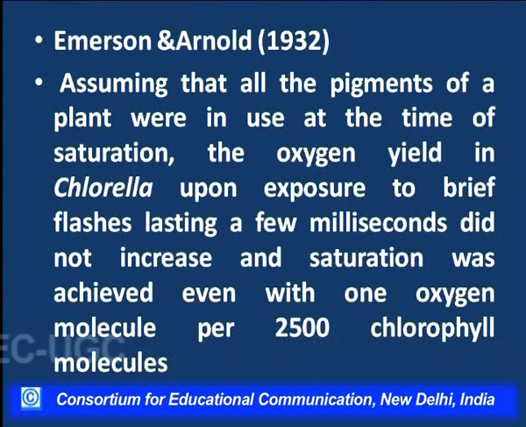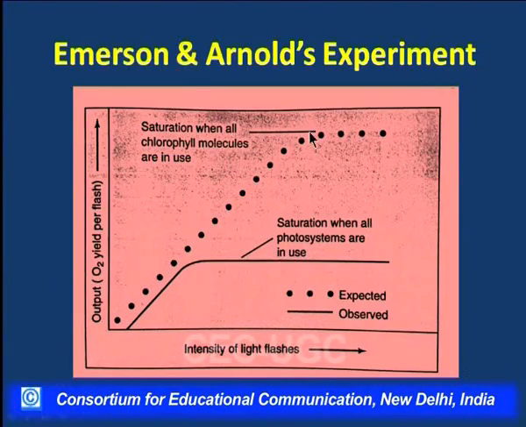They measured the quantum yield and found that after giving a flash of a few milliseconds, saturation was achieved even though 2500 chlorophyll molecules were present. This was a very unexpected result: theoretically we expect saturation when all the chlorophyll molecules are in use, so it should go much higher. But the observed saturation is much lower.